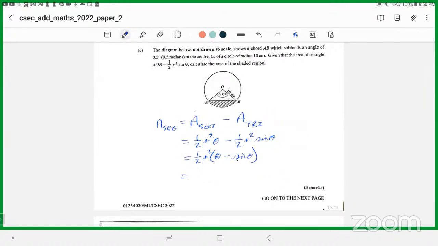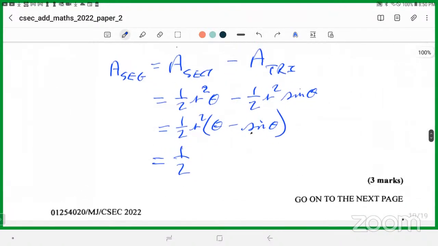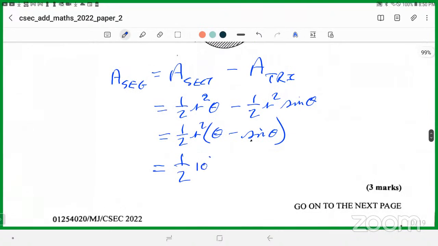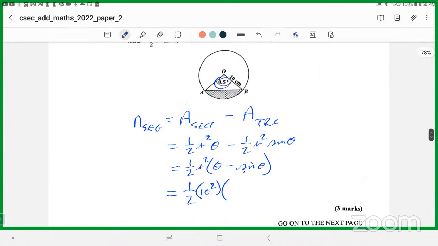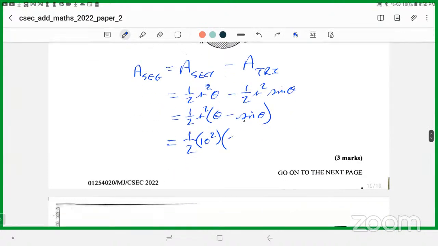If the radius is 10, it becomes half times 10 squared, bracket, the theta is 0.5 radians, so 0.5 minus the sine of 0.5 radians. Put that in the calculator and tell me what it is.